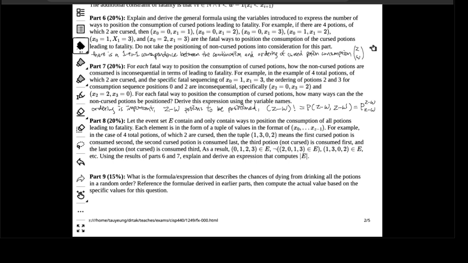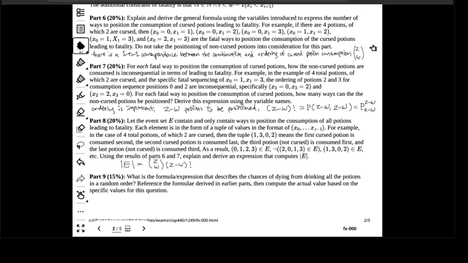Using the results of part 6 and 7, explain and derive an expression that computes the cardinality of E. So the cardinality of E is the product of part 6 and part 7. So this is going to be Z choose W times Z minus W factorial. Z choose W would give us the number of ways to specify the positioning of the cursed potion to end up with a fatal ordering of all potions.